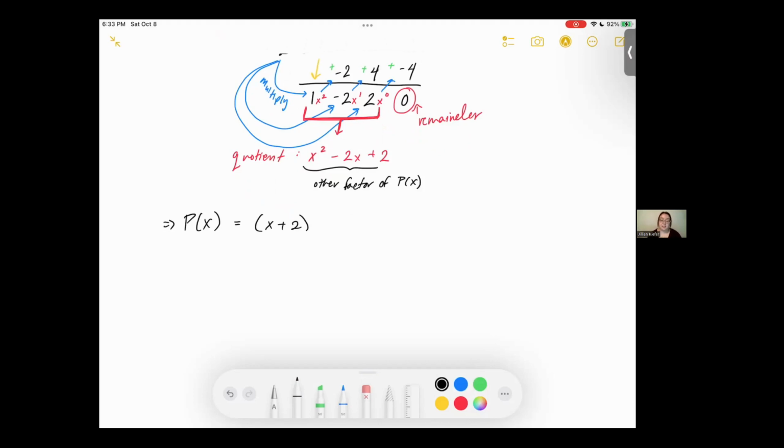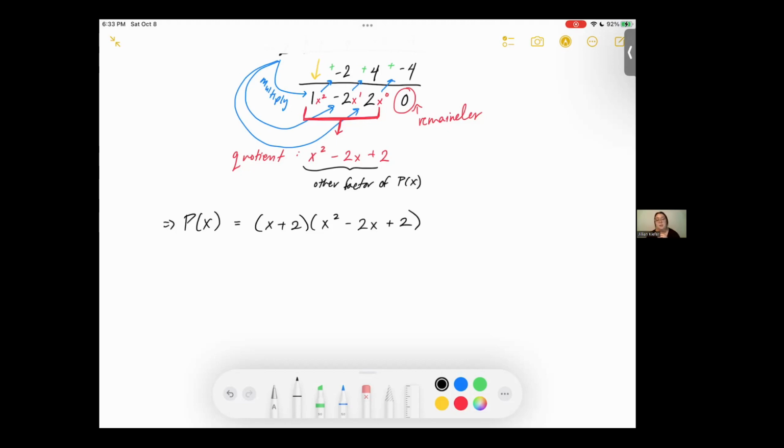So x plus 2 times x squared minus 2x plus 2. So our first step in factoring p of x was finding that 0 and then dividing our polynomial by that 0, or the factor that corresponds with that 0, so that we can find the other factor. So we're doing pretty well so far.